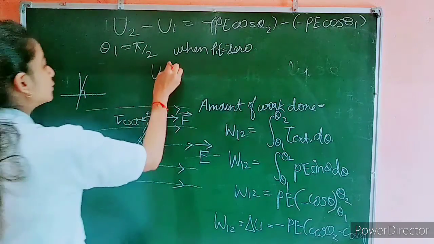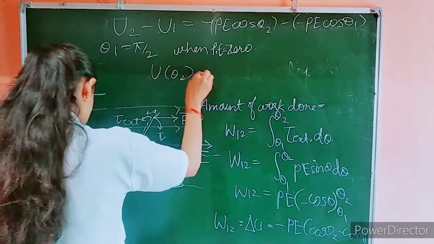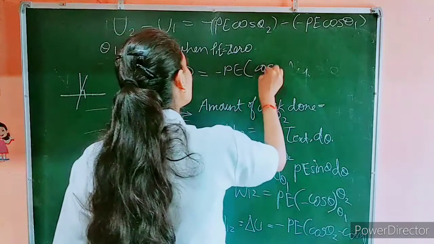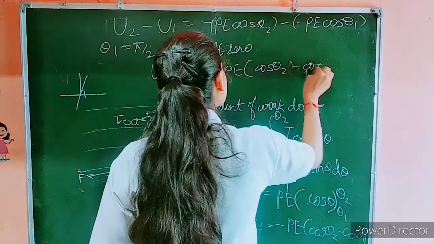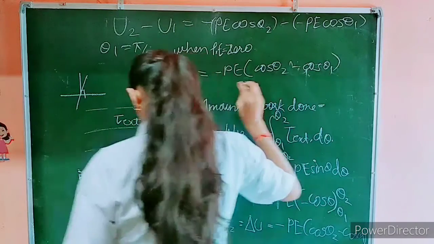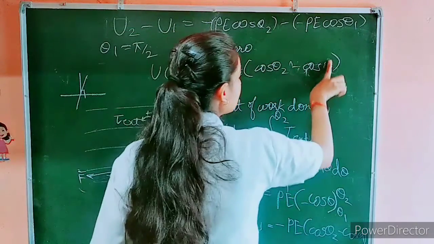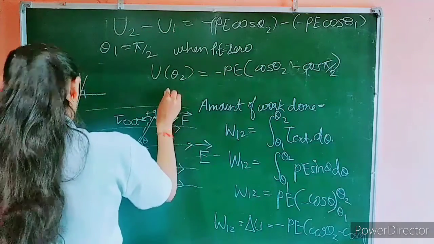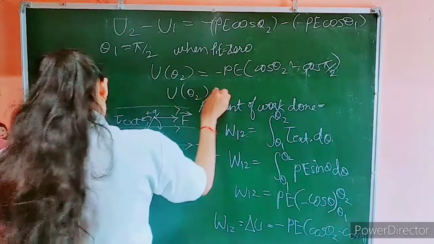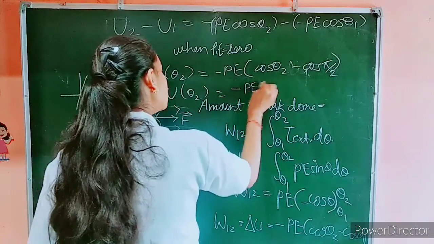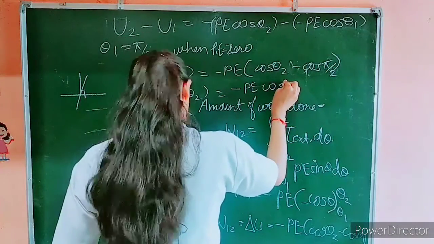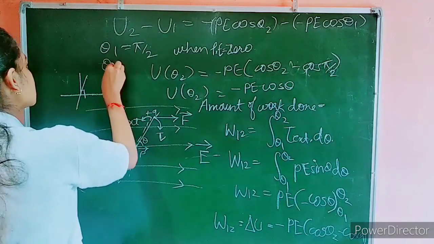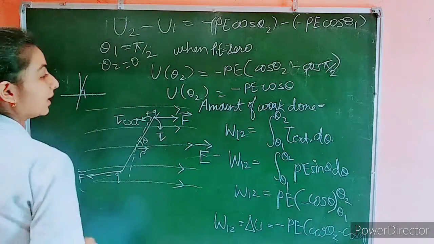Now, U theta 2 will be equal to minus PE into cos theta 2 minus cos theta 1, or for theta 1 we can write pi by 2. Now, U theta 2 will be equal to minus of PE cos theta, because theta 2 is taken as theta.